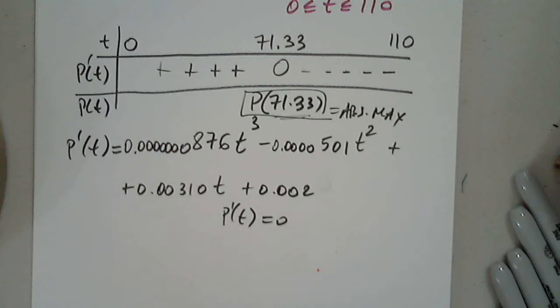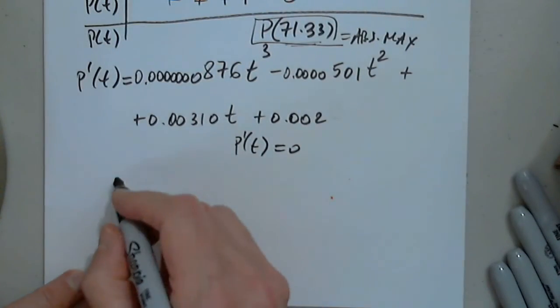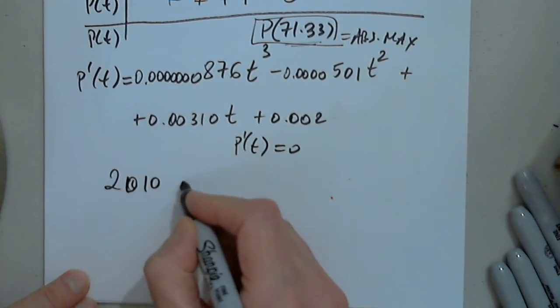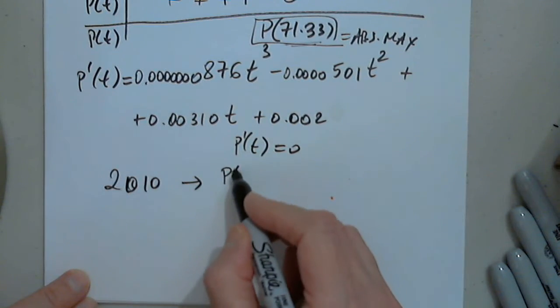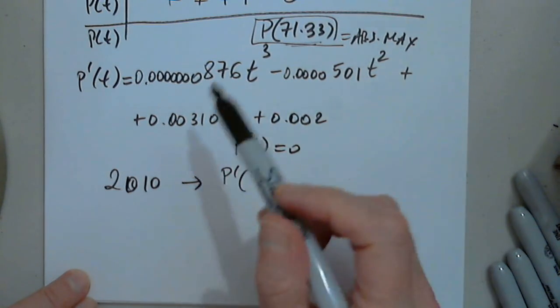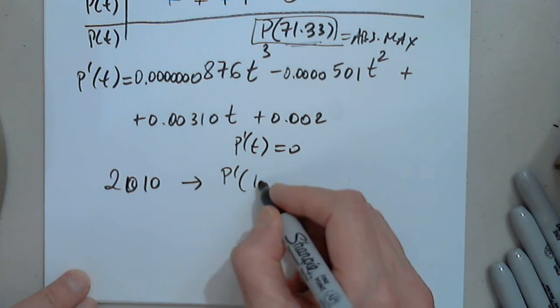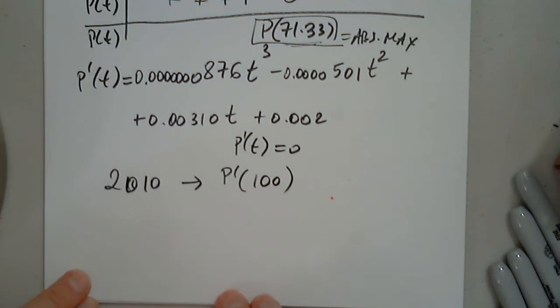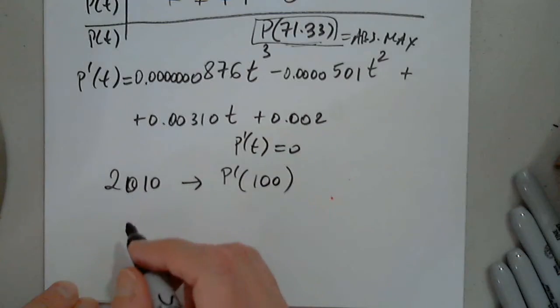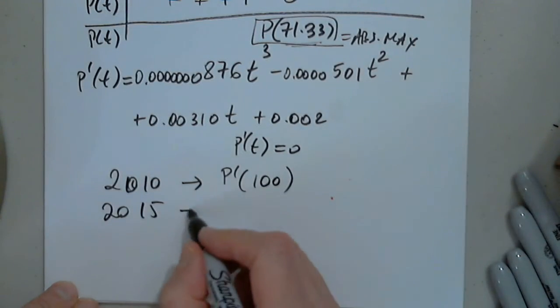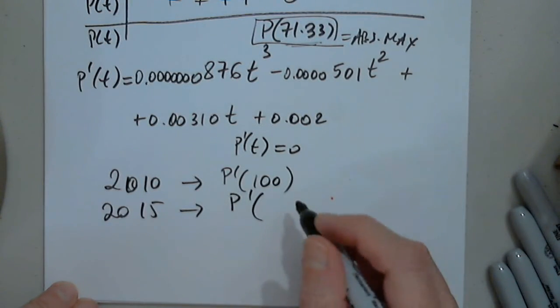And then, according to this model, at what rate was United States oil production declining in 2010 and in 2015? So for 2010, you have to determine P prime of 2010 minus 1910, so that's 100 years. And then the other one for 2015, and you have to plug in 105.